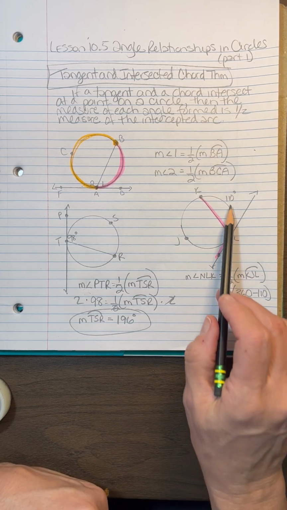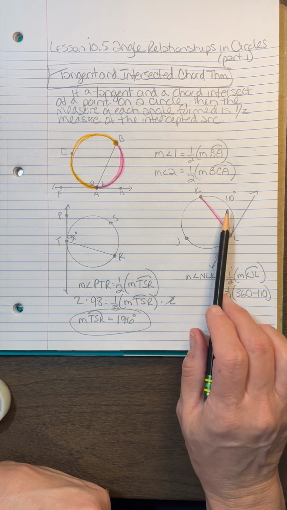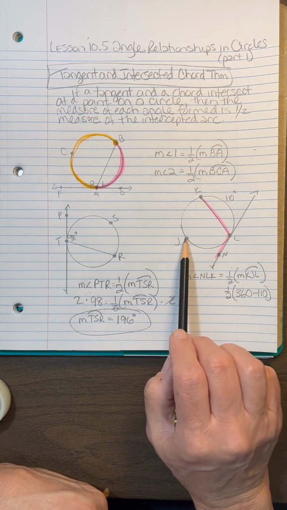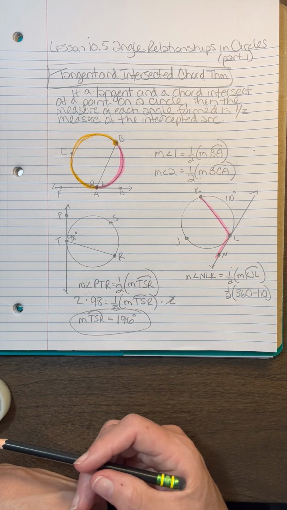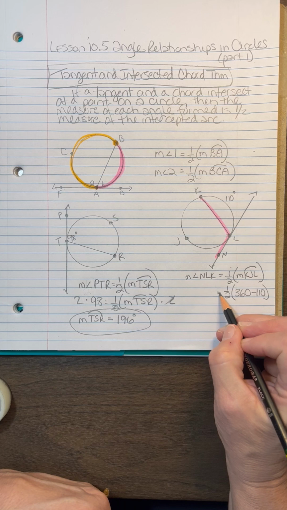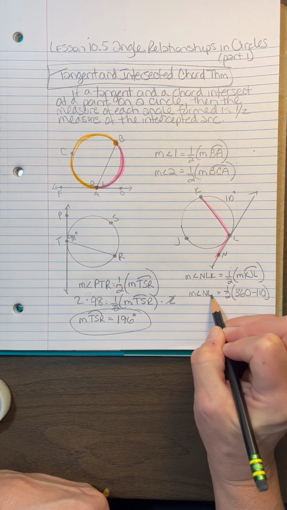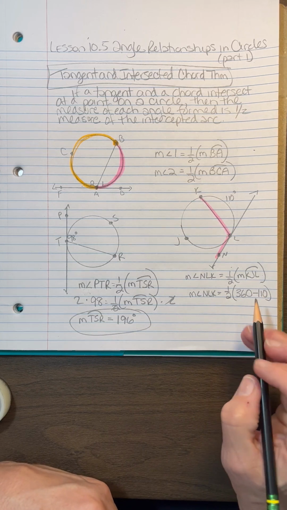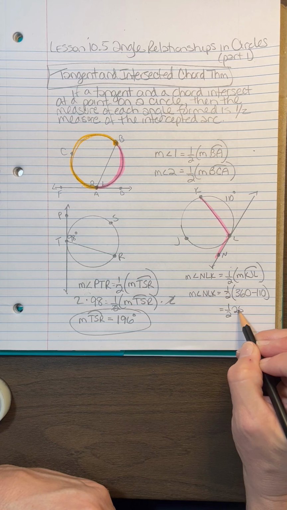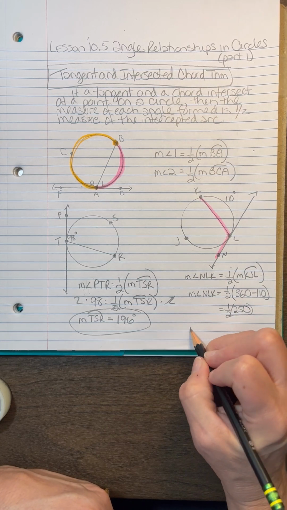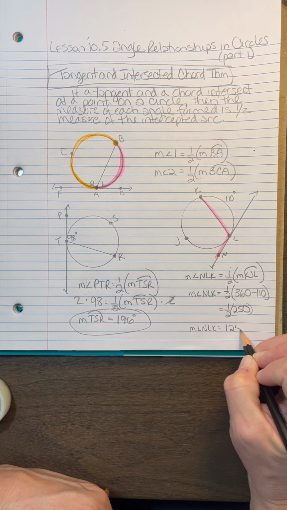Because that would then create the whole circle. We only have 2 arcs. So KJL would be what was left over if we took 110 away from 360. So sometimes you'll have to do that, okay? So we have the measure of angle NLK is going to be half of 250, which means the measure of angle NLK equals 125 degrees.